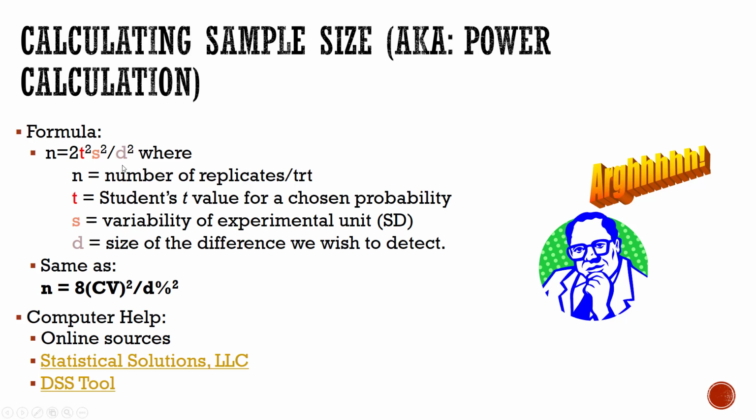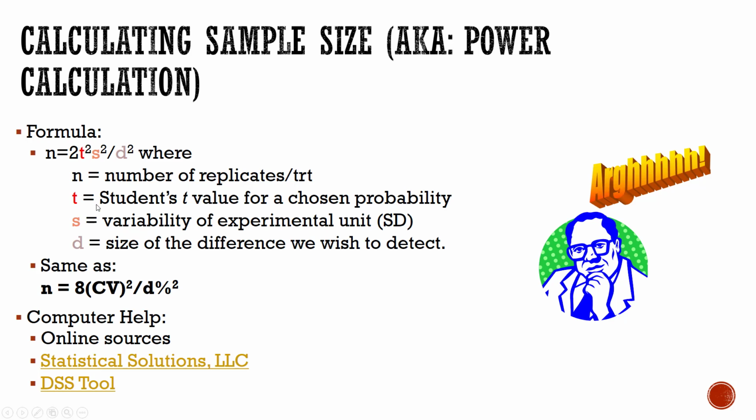But this power calculation is shown here. And so it is n is equal to 2 times t squared times s squared divided by d squared. And so we've got it listed out what each one of these acronyms and letters represent. So n is going to be the number of replicates. So here we are solving for n.